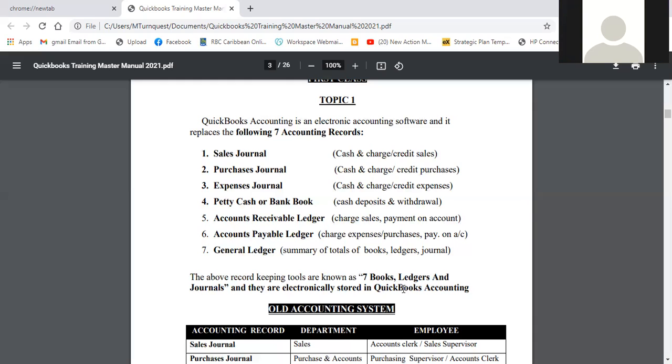The next area, like I said, is petty cash or bank book, whichever you use. The topic is petty cash. Make a note that petty cash is used when the business does not want to write a check for a small amount.